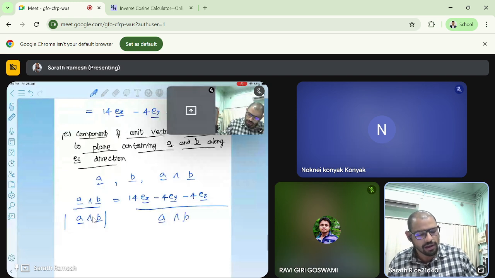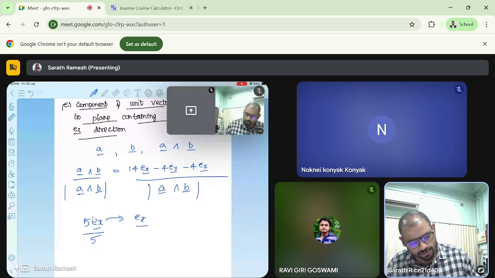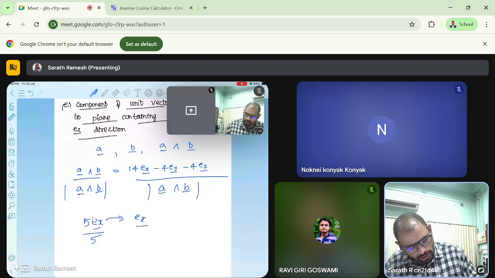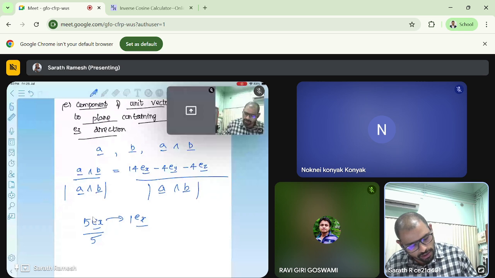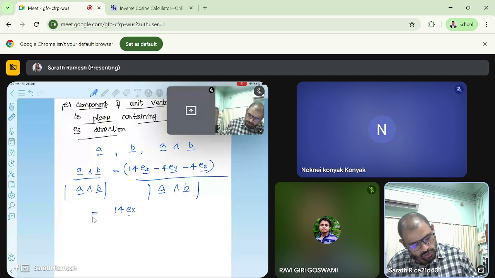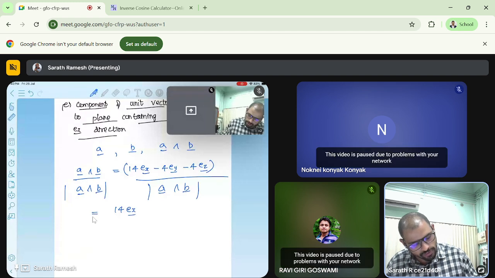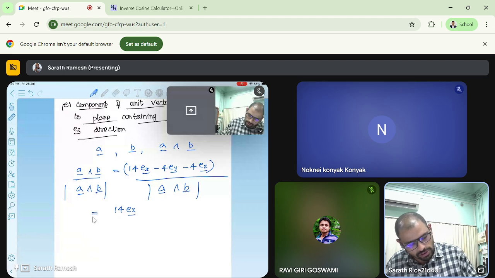Similarly, if I want to convert this vector into a unit vector, we divide it by the magnitude of A cross B. So this is equal to 14 Ex minus 4 Ey minus 4 Ez divided by the magnitude of A cross B, which is the square root of 14 square plus 4 square plus 4 square.